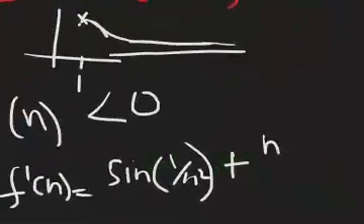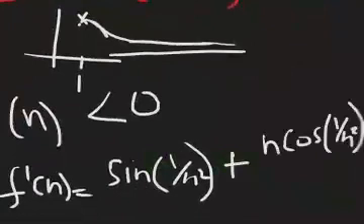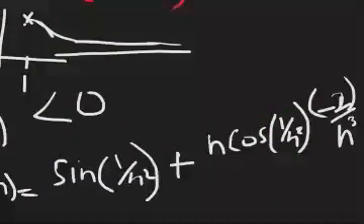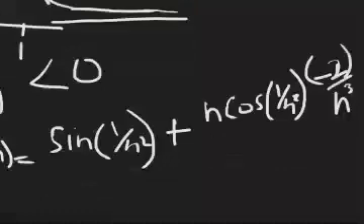To differentiate the sine term, we get cos of 1 over n squared, and the differentiation of 1 over n squared is negative 2 over n cubed.